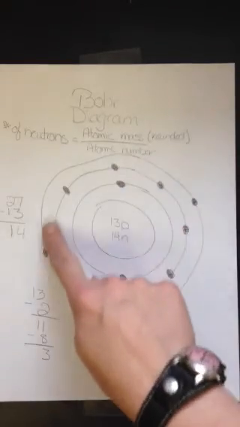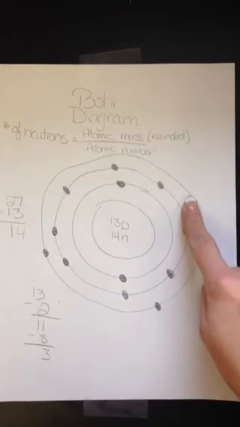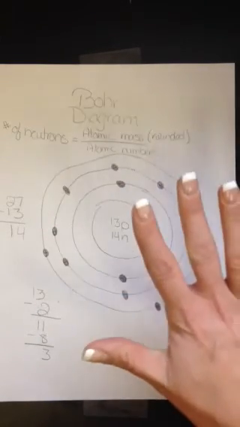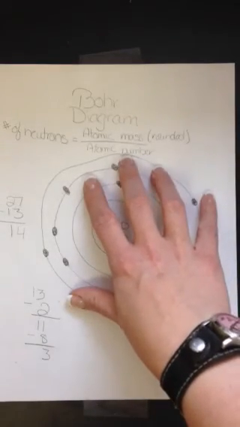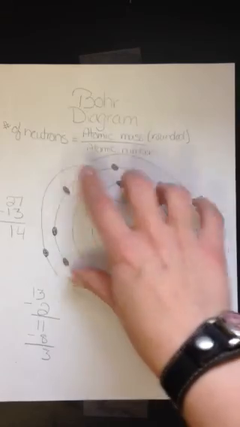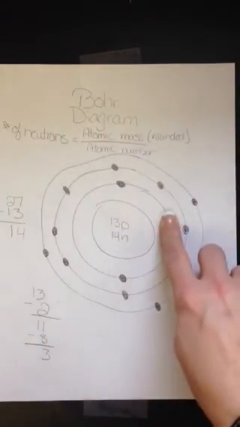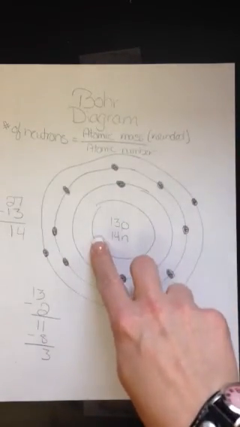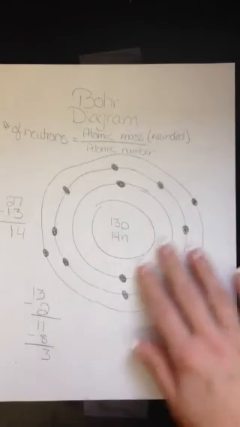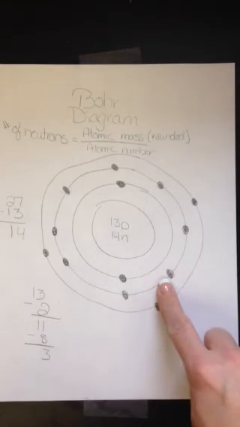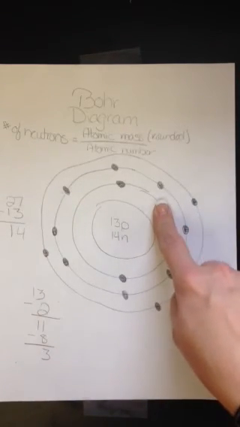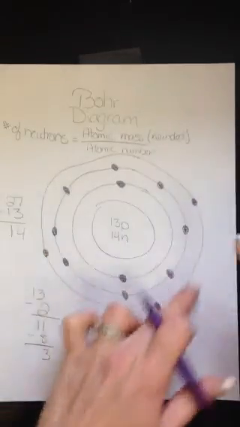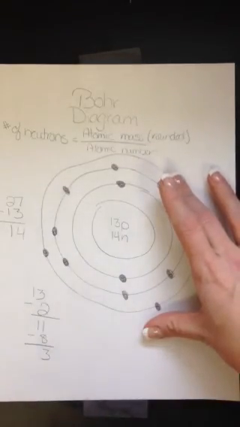Okay, now what I want you to remember is that this shell has room for 5 more electrons. So you can think of this atom as kind of lonely. It's going to be looking for an atom that has 5 electrons to bond with it. Okay? And then what will happen is that they'll fill the shell.